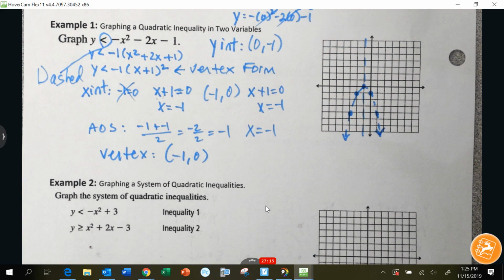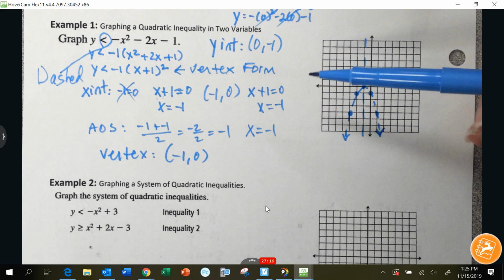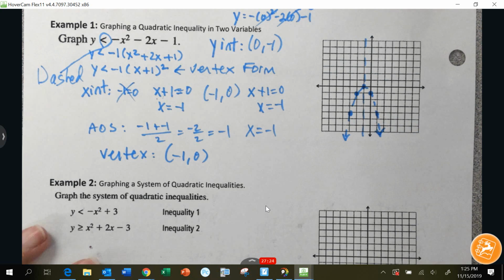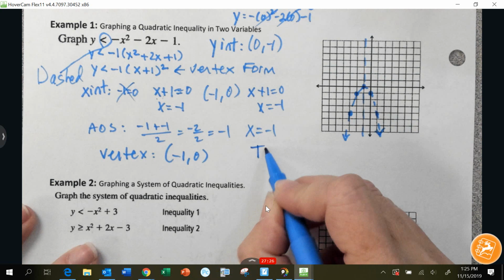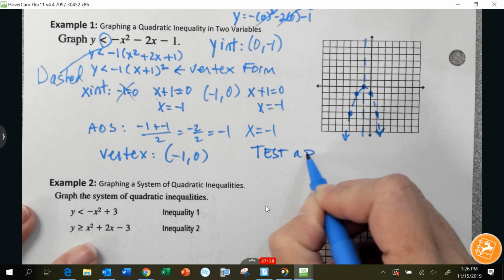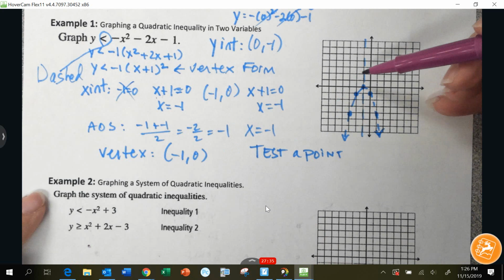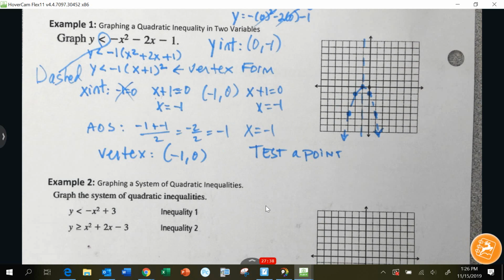All right, so we graphed it, we figured out what kind of line connects it, and then the final thing we need to do is figure out where it's shaded. So we're going to test a point. What point would be easy to test? 0, 0. Okay, let's test 0, 0, because that's not on the parabola. That one's easy to plug in.